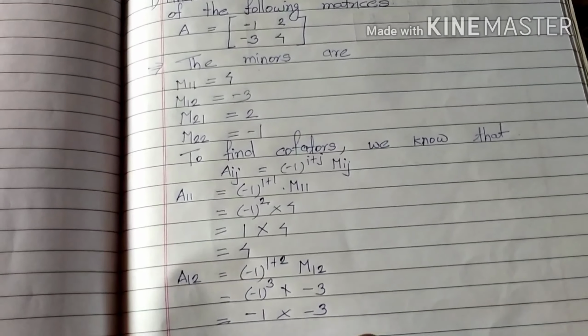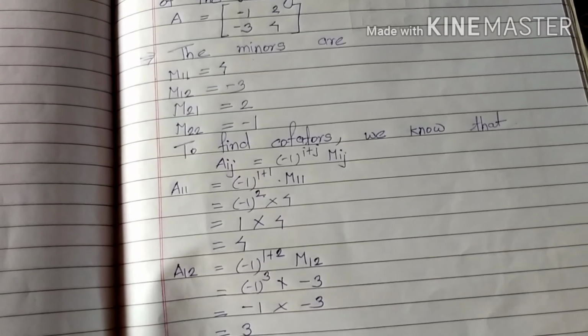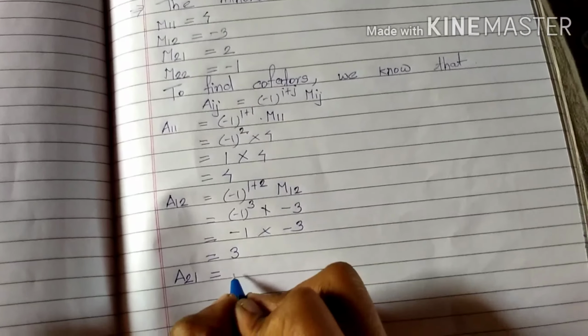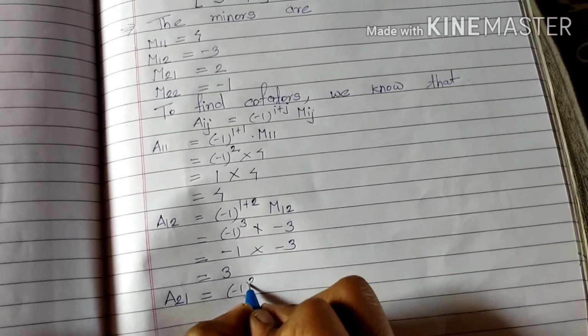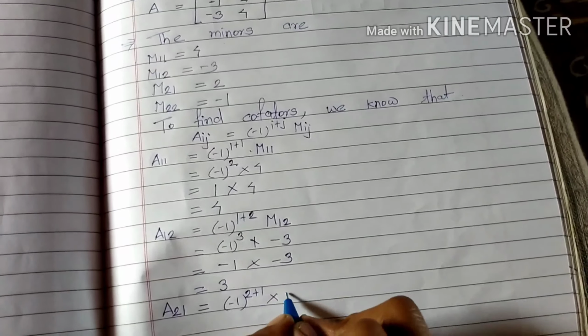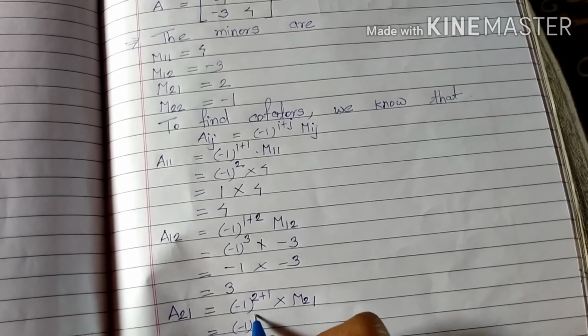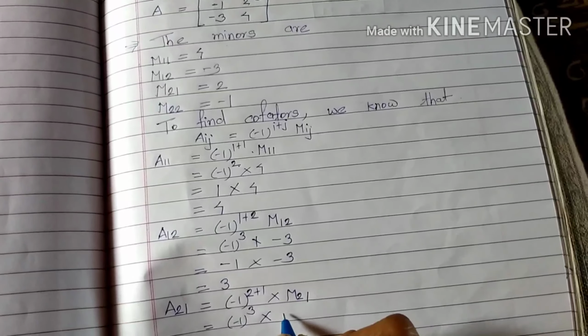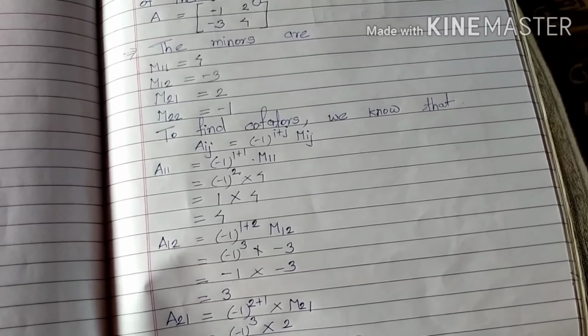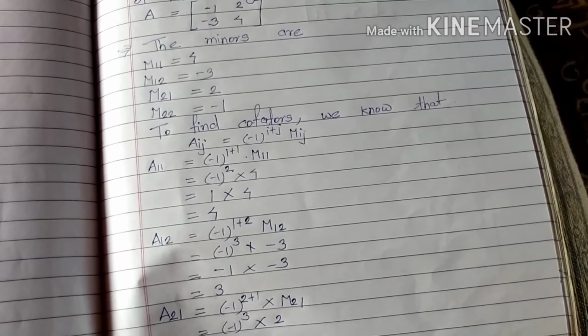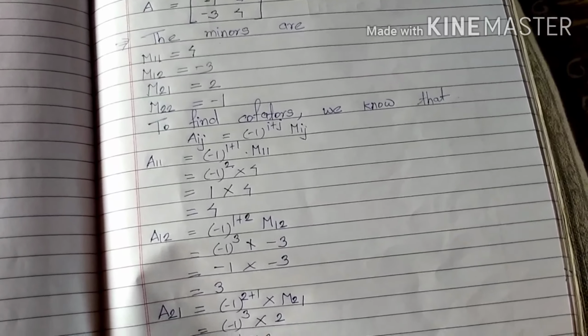So our answer is 3. Same, minus 1 into 2. So answer is minus 2.